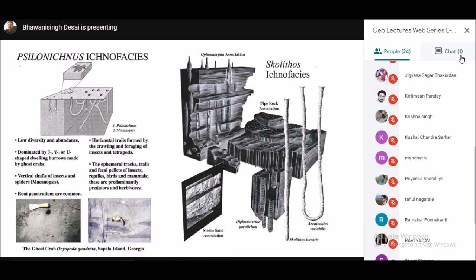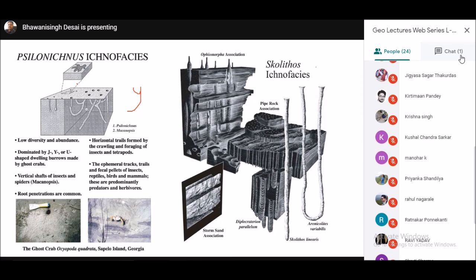But in Psilonichnus, it is more like a U, Y, and I shape, like Y. But both of them indicate one thing, they are formed under shallow marine conditions, especially in the high energy condition of the intertidal zone, foreshore area.